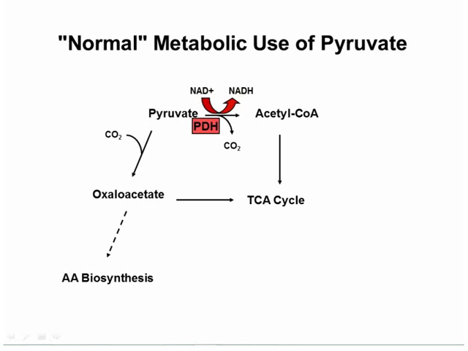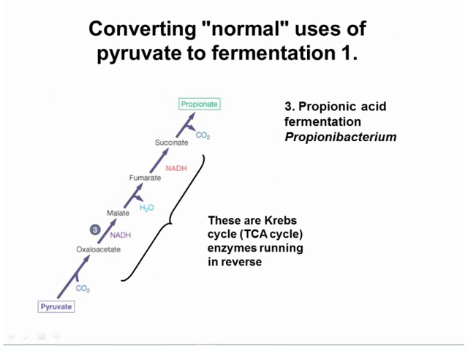Now, if this same bacterium runs out of oxygen, okay, it's already got all of these enzymes. They're going round and round, but it's got no oxygen anymore. So this cycle is going to stop. And then how can it be used to perform fermentation?